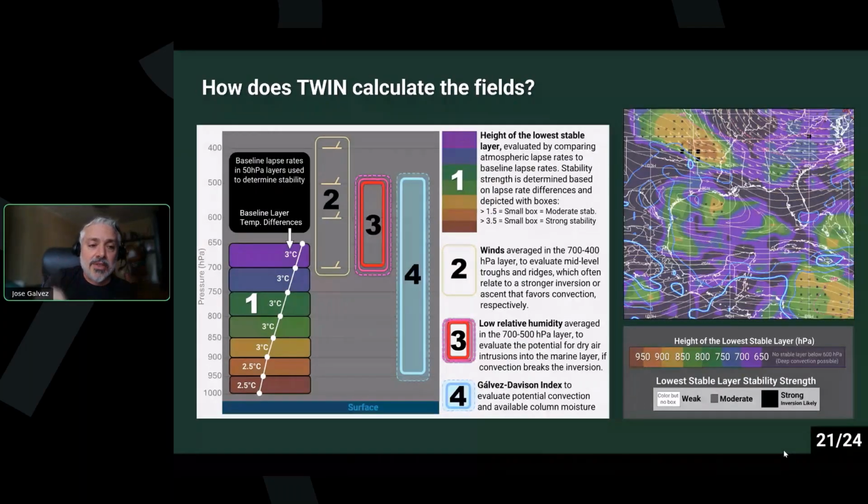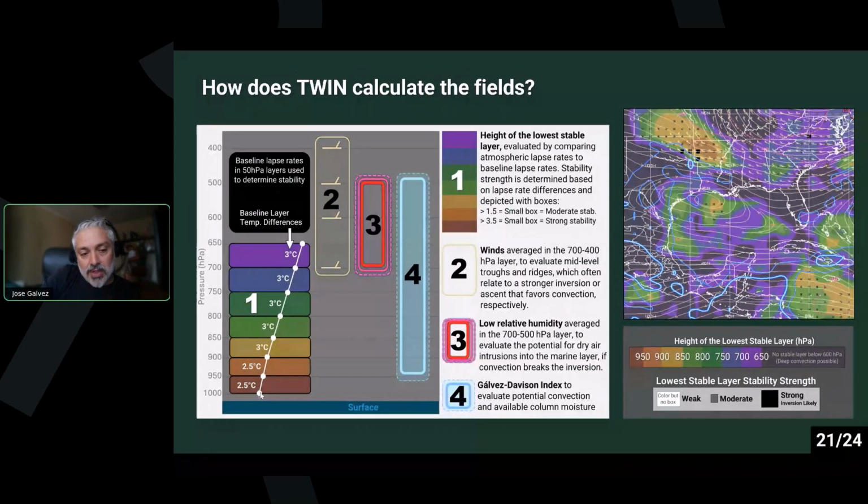Yeah. And to address the other question about why 3 degrees, well, this is basically looking at climatological lapse rates in the Caribbean regions of subtropical America for these layers. So looking at climatological lapse rates and also looking at algorithm output versus satellite imagery.